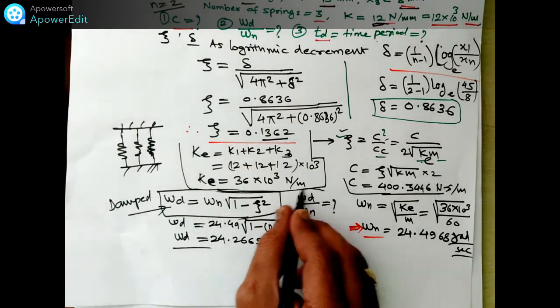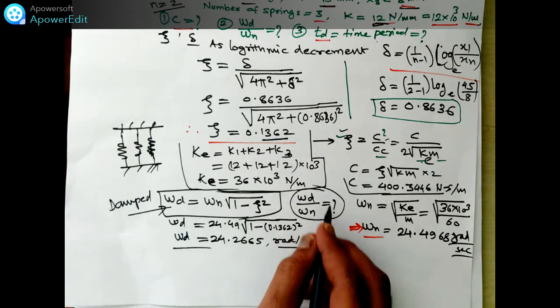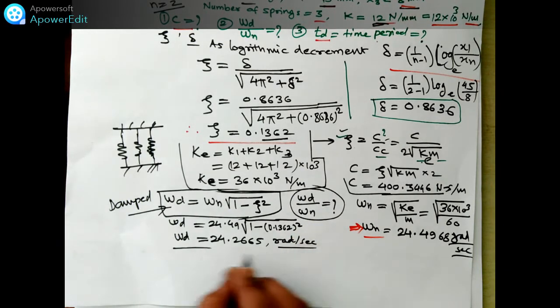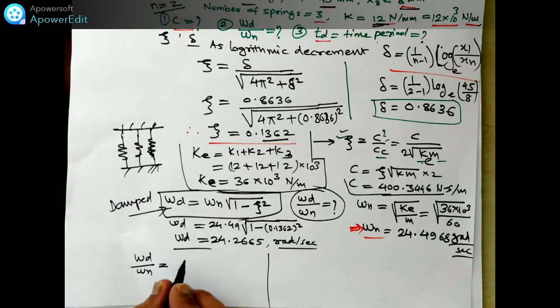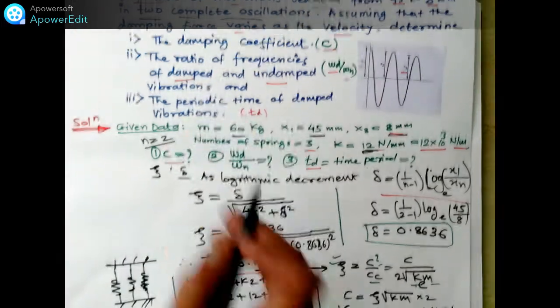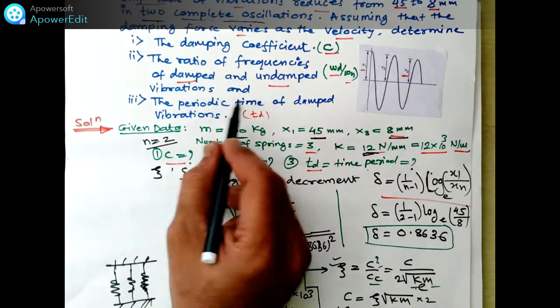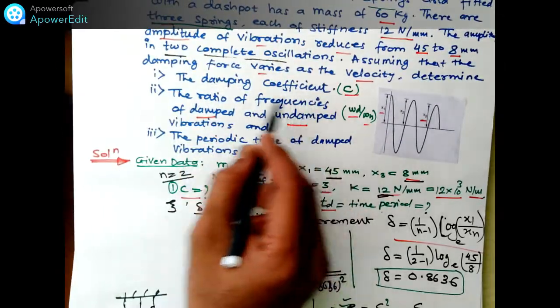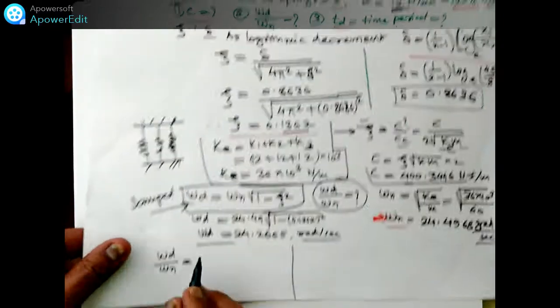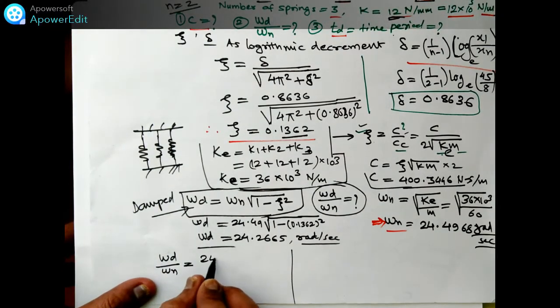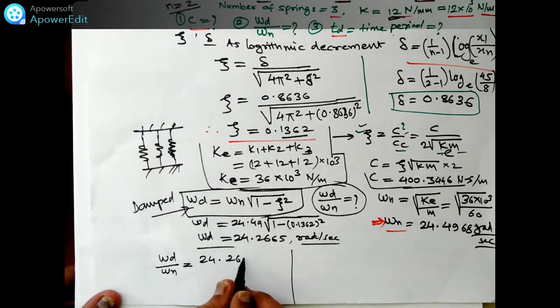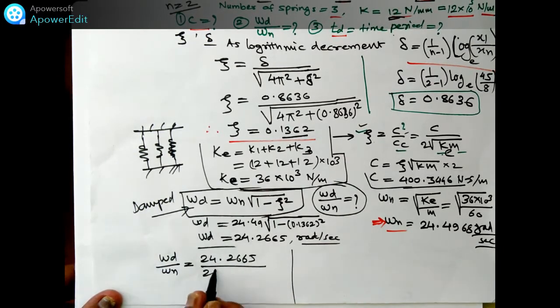What do we have to find out here? We have to find this ratio WD by Wn. WD by Wn means damped frequency upon natural frequency. It is asked in this numerical itself, in the second point, the ratio of the frequencies of damped and undamped vibrations. So 24.2665 upon 24.4968.